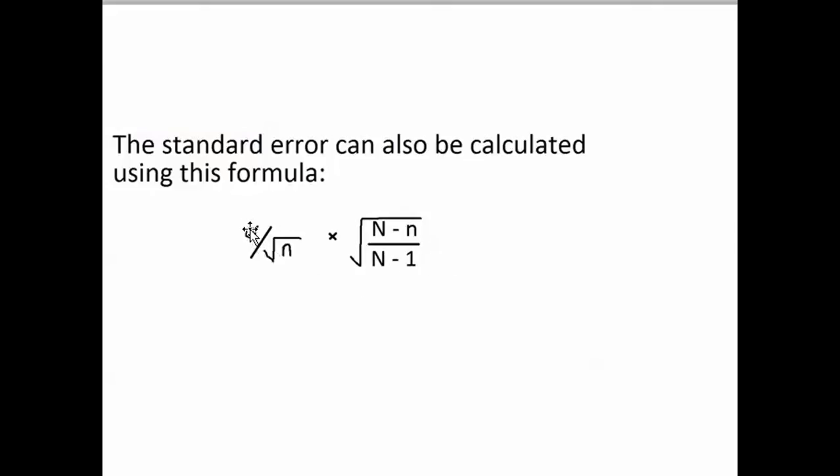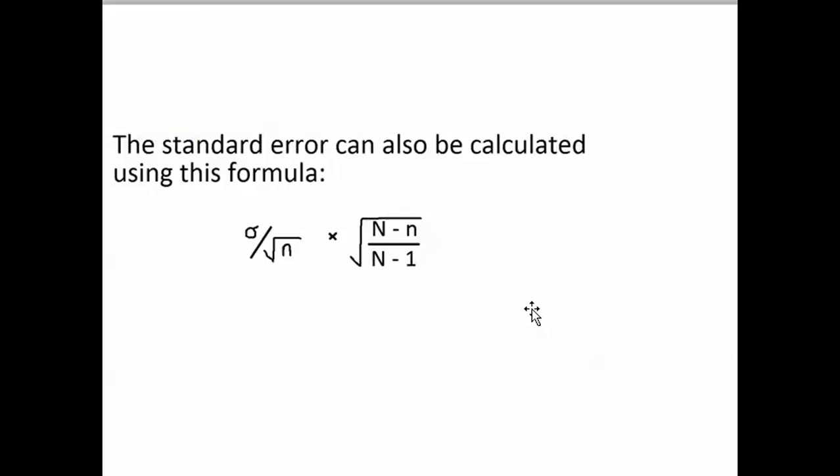This Greek letter, which is sigma, is the standard deviation of the population. It's the standard deviation of the individuals in the population. Little n is the sample size, the number of people in the sample, and capital N is the population size, which is the number of people in the population.